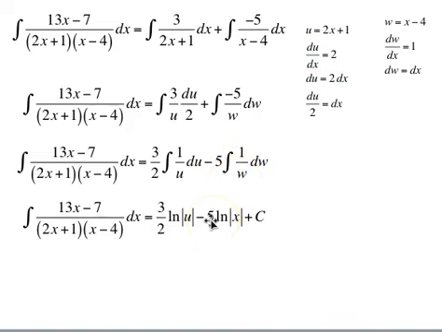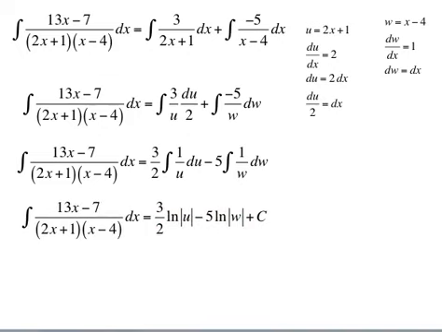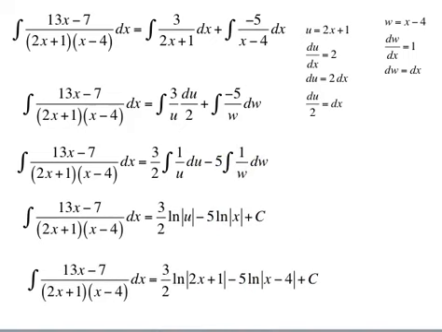W is x minus 4. Making the substitutions, u becomes 2x plus 1, w becomes x minus 4. And the solution is 3 halves natural log absolute 2x plus 1 minus 5 natural log absolute x minus 4 plus C.